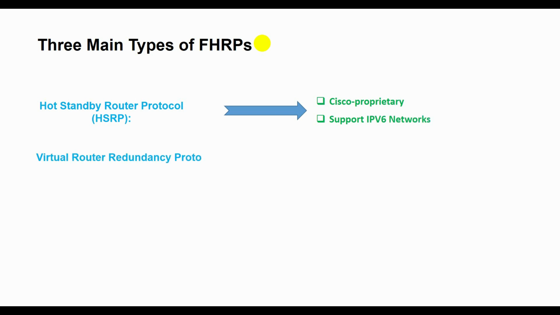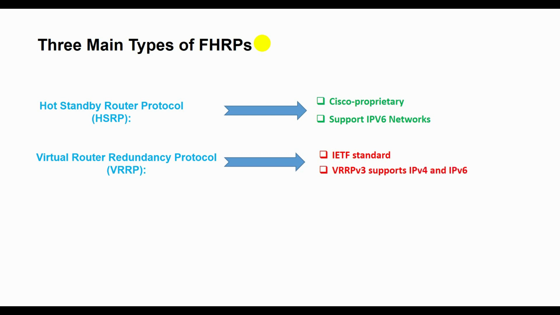Virtual Router Redundancy Protocol, or VRRP, is an IETF standard that dynamically assigns responsibility for one or more virtual routers. Its operation is similar to that of HSRP. VRRP version 3 supports IPv4 and IPv6 networks.